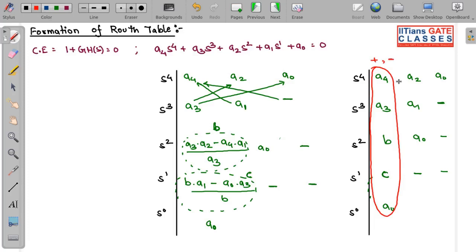If this is the case, then all the roots of this characteristic equation will lie in the left half of the S-plane.